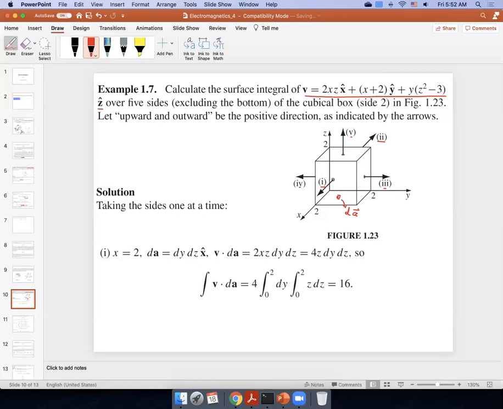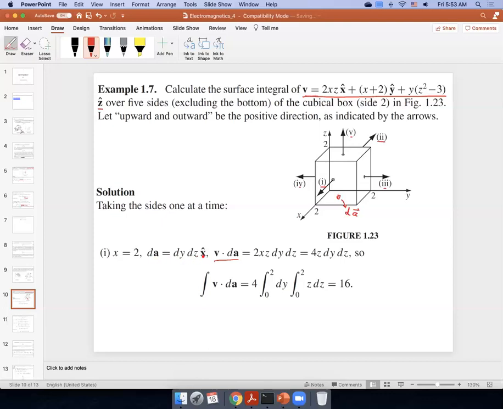So v dot dA equals to, now let's go back to the function. V is shown here. So now you have dy dz. Your dA only has the component in the x direction.